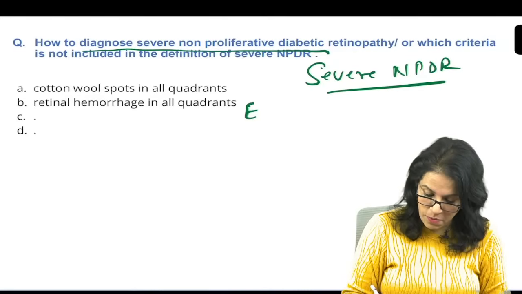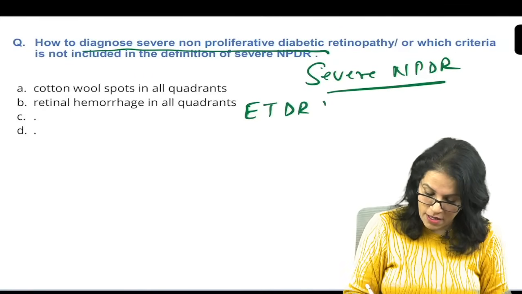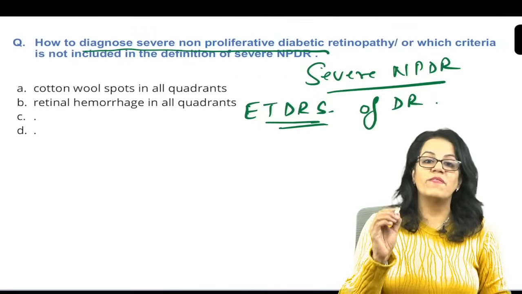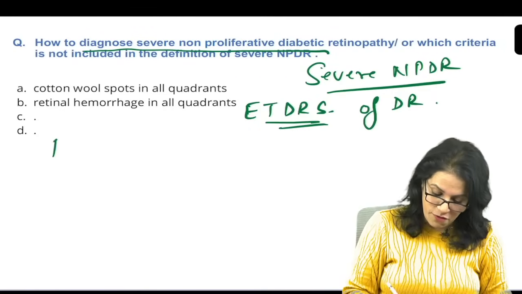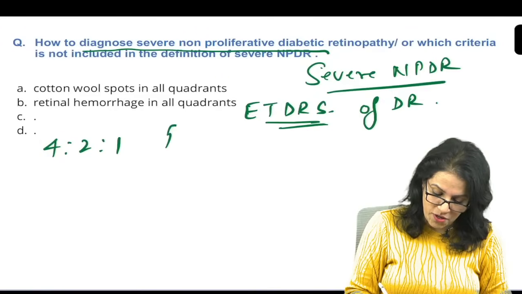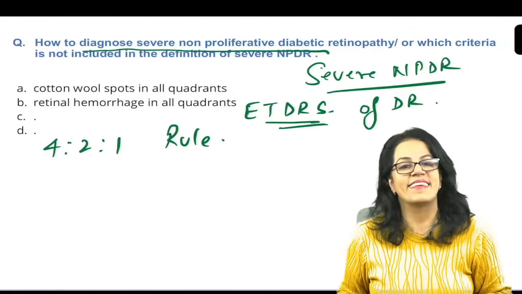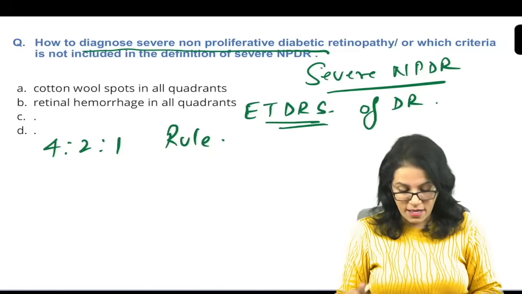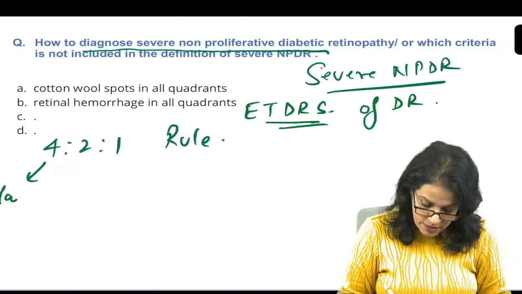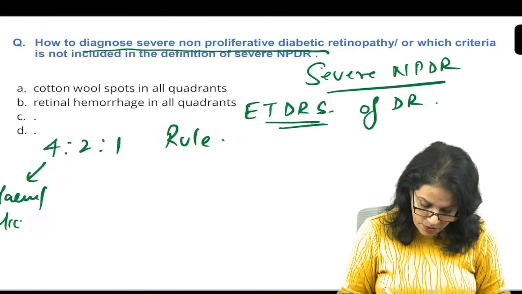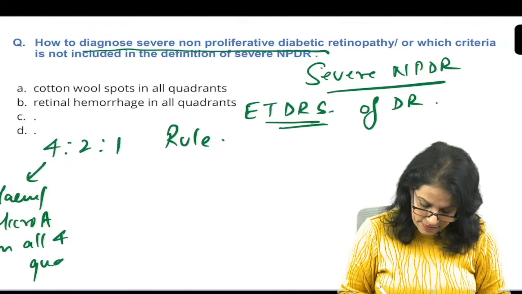You should from now be very very thorough with ETDRS classification of diabetic retinopathy, and what they are trying to ask you is the 4:2:1 rule. ठीक है ना? यही पूछ रहा है. So 4:2:1 rule में क्या था? Hemorrhages or microaneurysms in all 4 quadrants. Right?